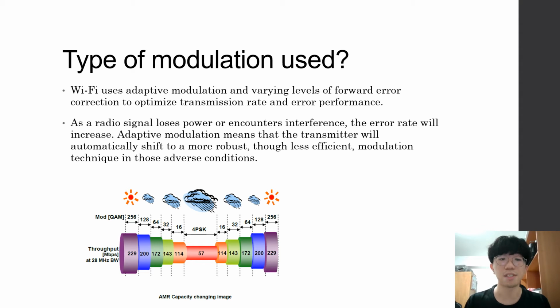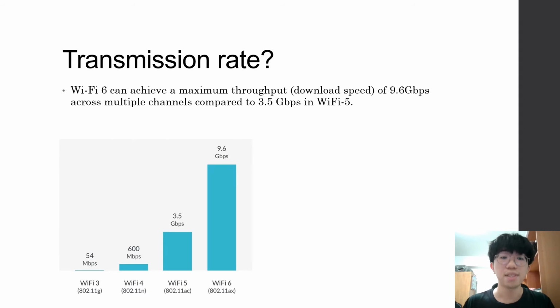Adaptive modulation means that the transmitter will automatically shift to a more robust, though less efficient, modulation technique in those adverse conditions.